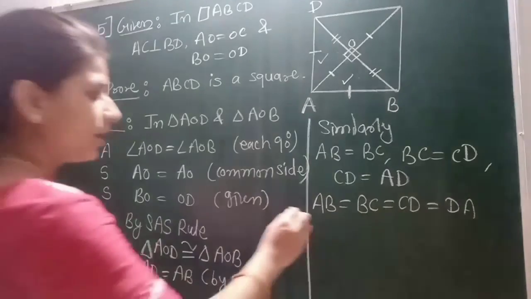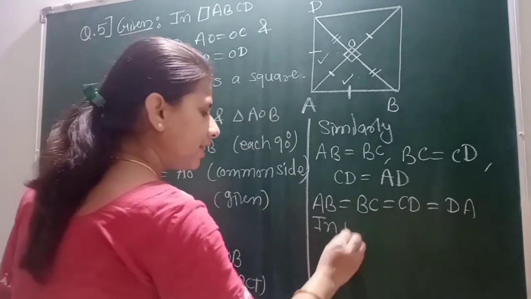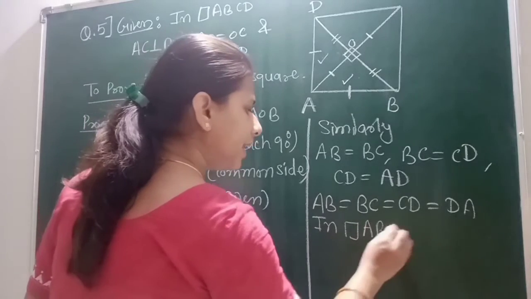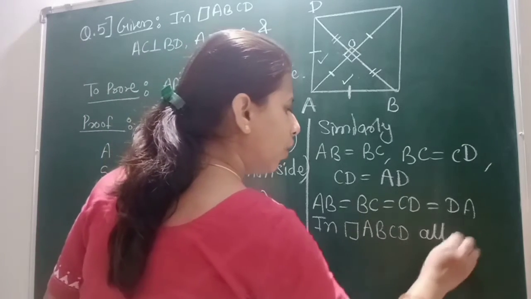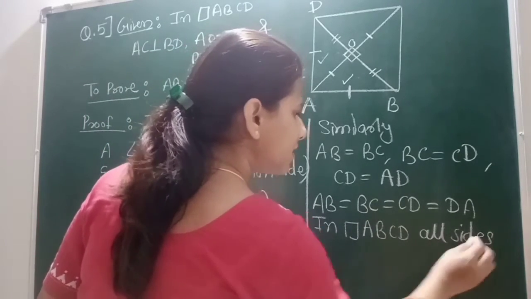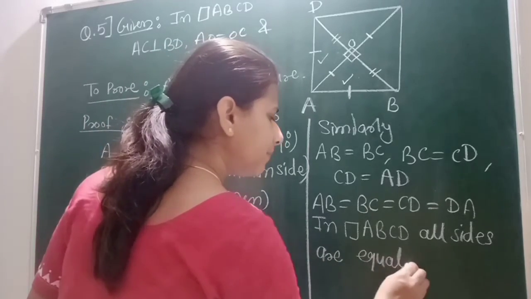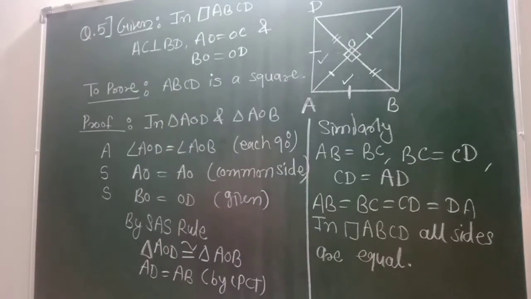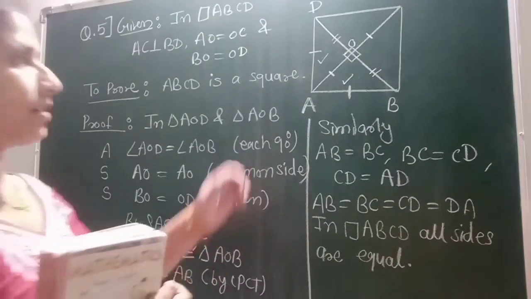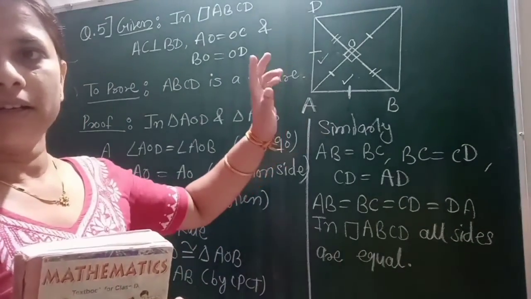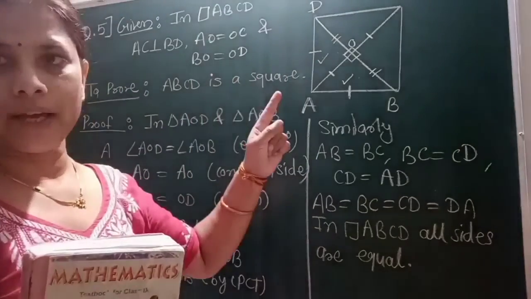Okay. So just write in quadrilateral ABCD, all sides are equal. Okay. Now we have to show that it is a square.